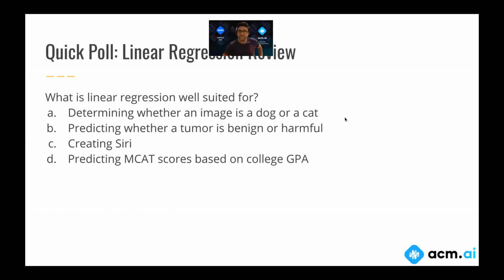Okay, does regression always refer to continuous output? Yes, regression does always refer to continuous output. As you'll see today, logistic regression also is called regression, although it is considered to be a classification algorithm. It is a small caveat. I'm not too sure why.